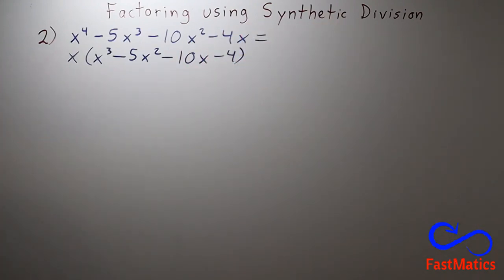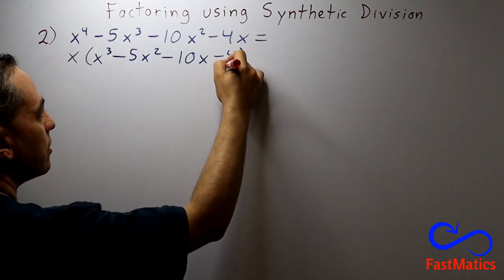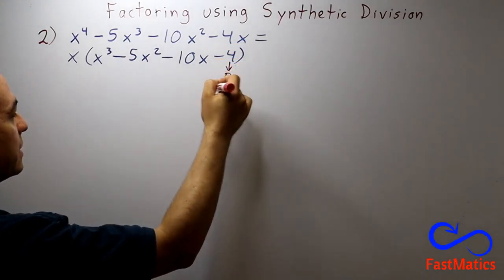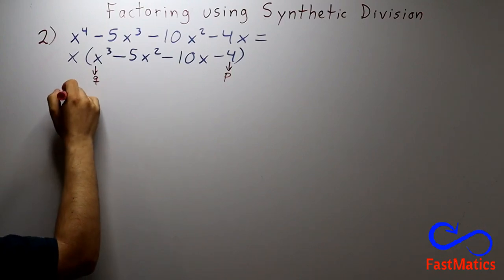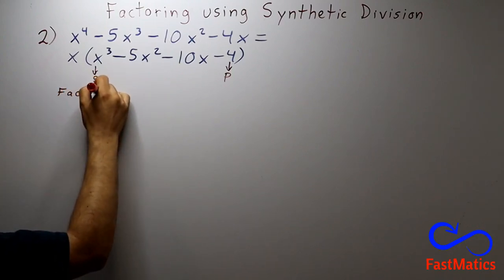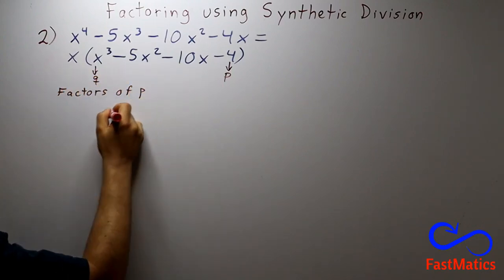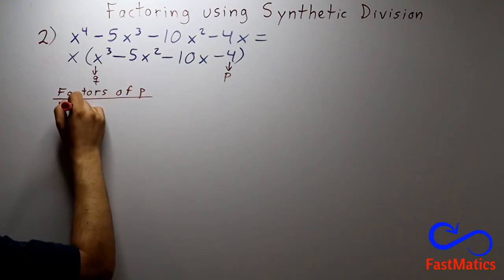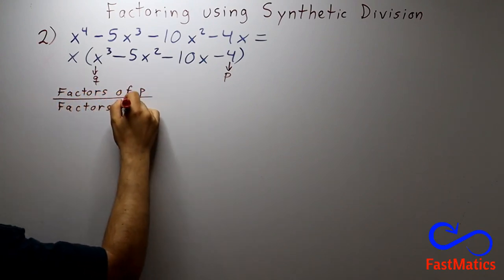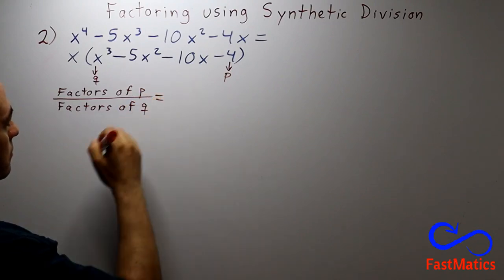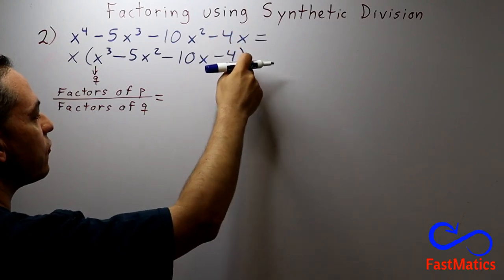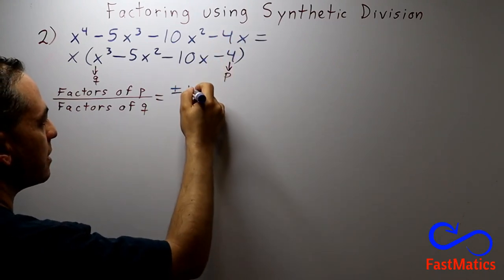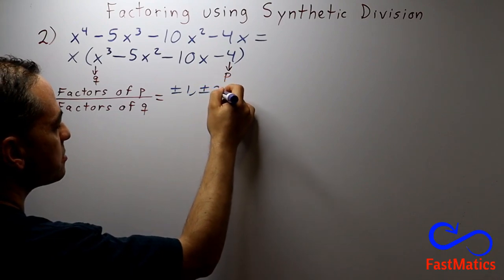Let's start. Remember our last video. When you have to do that, you are going to call the last term P, the first term Q, and you are going to find the factors of P and the factors of Q. Whole numbers that multiplied give us 4. 1 because 1 times 4, 4. 2 because 2 times 2, 4.